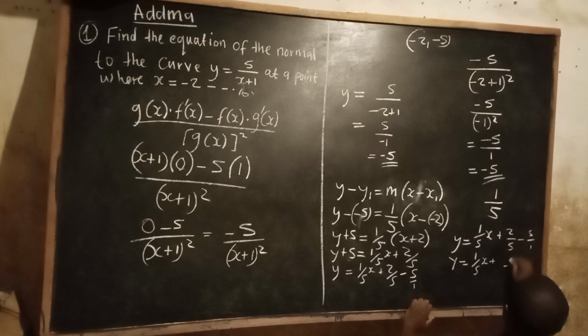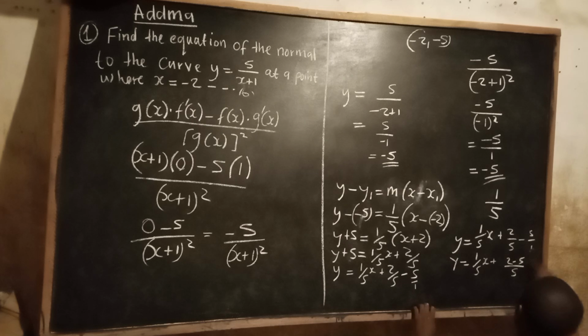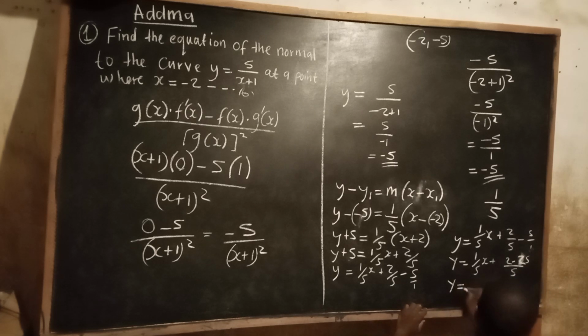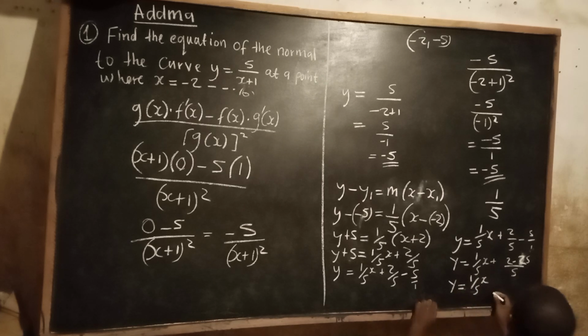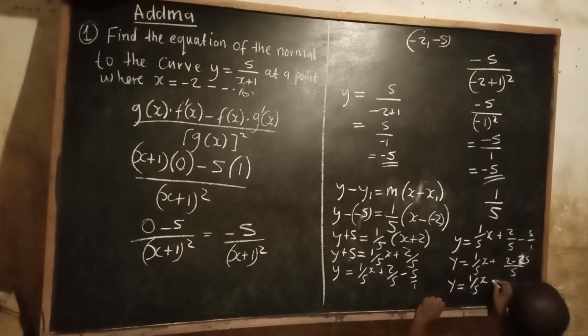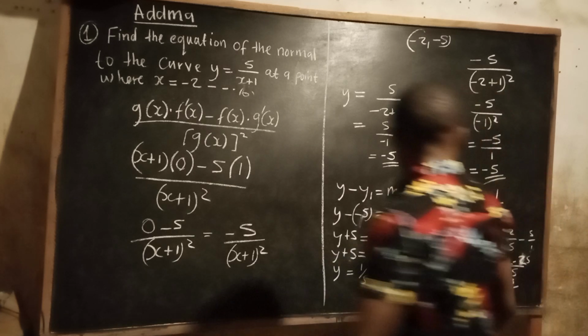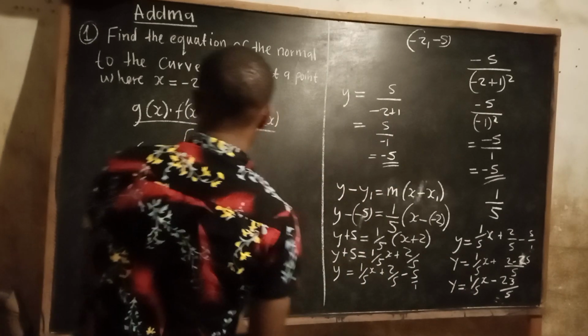Then 5 times 2, 2 minus 5 times 5. 1 times 5 is 5, then 5 times 5 is 25, so it is 25 here, not 5. Then y equals 1 over 5x. When we subtract this, we are going to have minus 23 over 5.